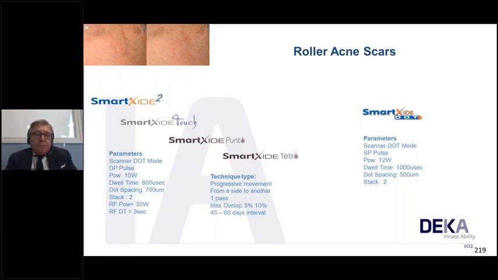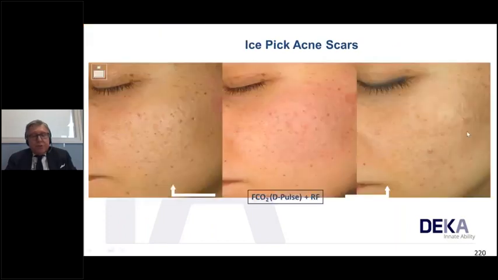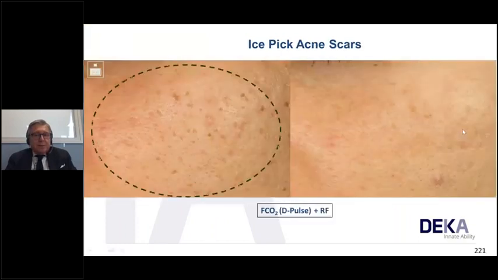With the previous Glorious SmartXide DOT, we use SP Pulse, power 12 watts, 1000 microseconds, and dot spacing 500 microns, stack 2, as usual. These are the ice pick acne scars and the results.